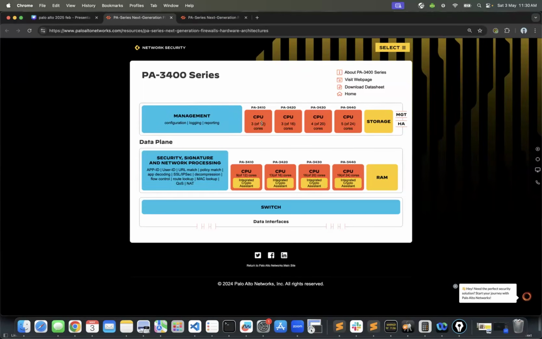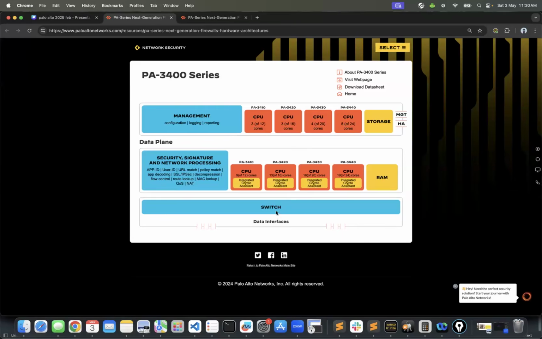What is the CPU? 3-core CPU, PA 34 core CPU, four. It all depends on your CPU, storage and RAM.